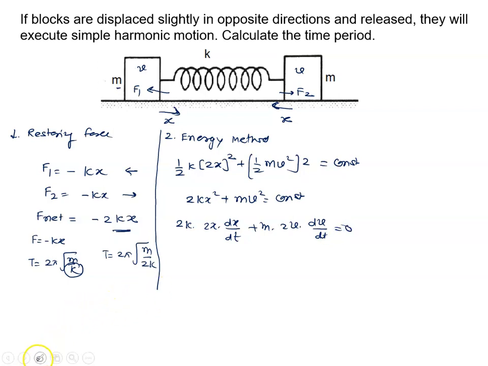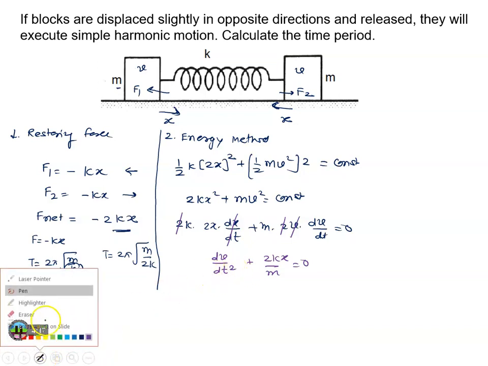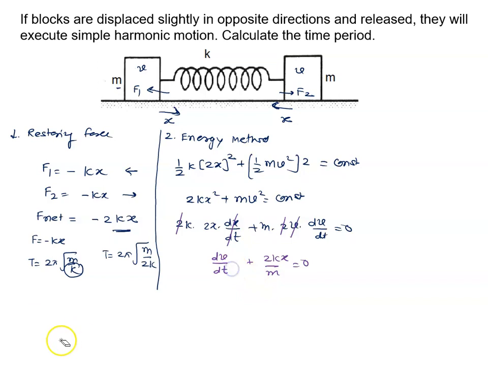In the next step, whatever is cancelling, cancel it here. So you will see dx by dt is v, so v is gone, 2 is taken common, and then you get dv by dt plus 2kx upon m equal to 0.